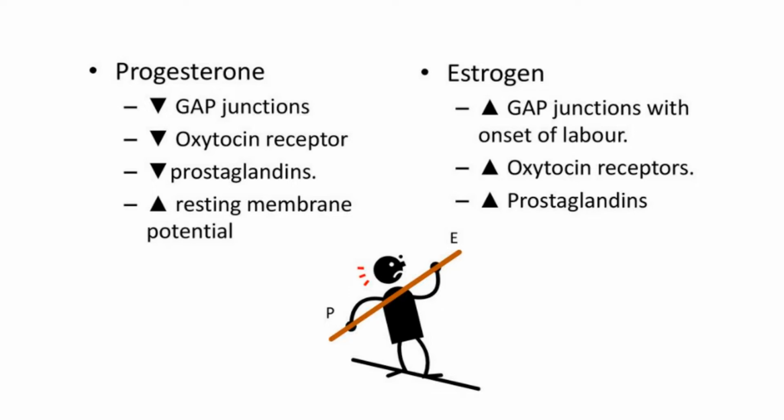So if there is an increase in estrogen from the 6th or 7th month of pregnancy, what will happen? There will be an increase in gap junctions, oxytocin receptors and prostaglandins. So the uterine muscles will increase their contractility, and as labor starts, these changes are accentuated. Okay.